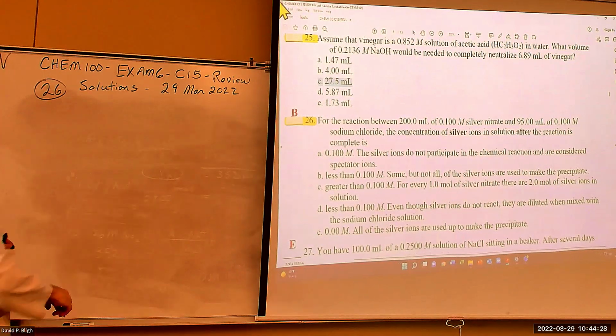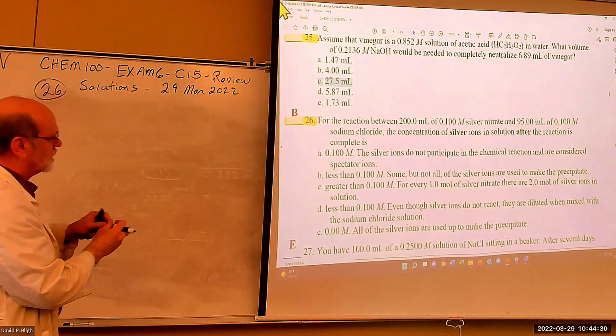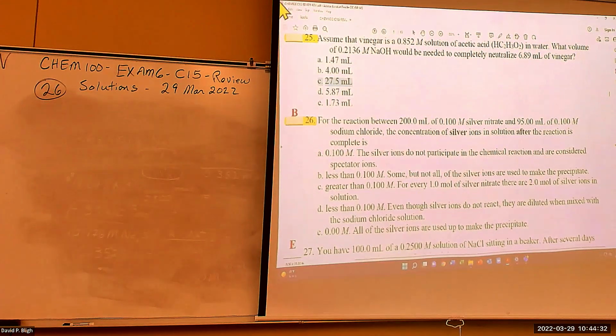We have a reaction here between silver nitrate and sodium chloride. The question is, what's the concentration of silver ions in solution after the reaction is complete?